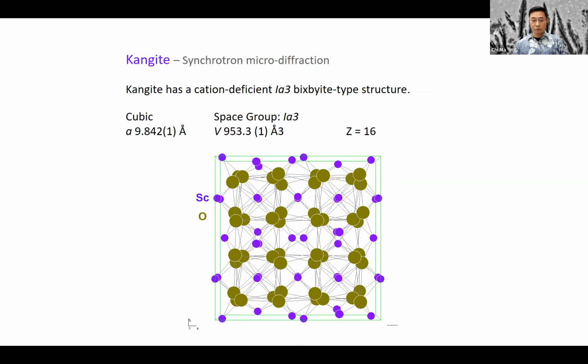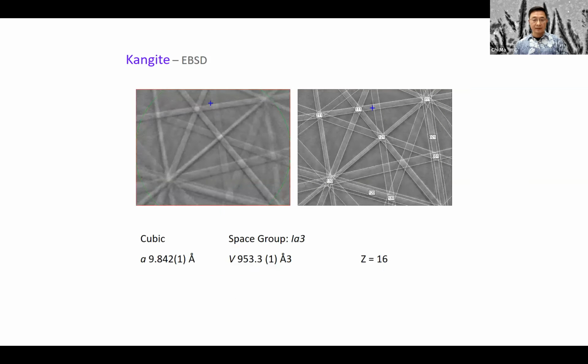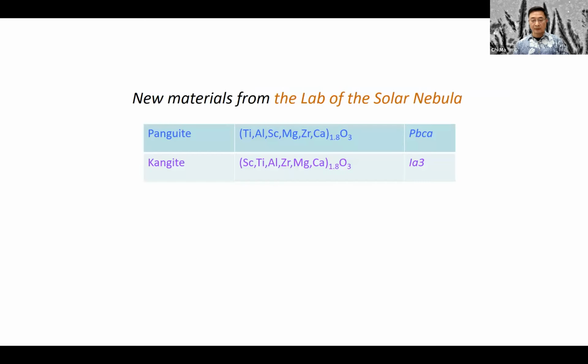Synchrotron diffraction shows kangite has a cation deficient Bixbyite type cubic structure. The structure might match perfectly to the EBSD pattern. Both panguite and kangite, actually, are not only new minerals, they are new materials.